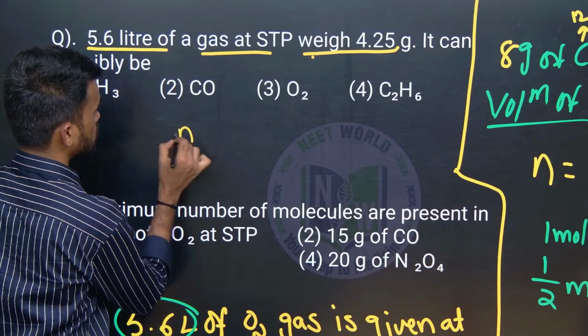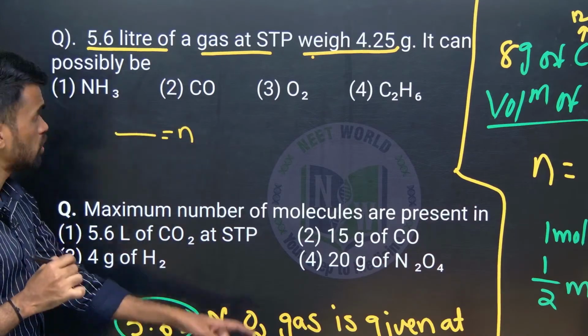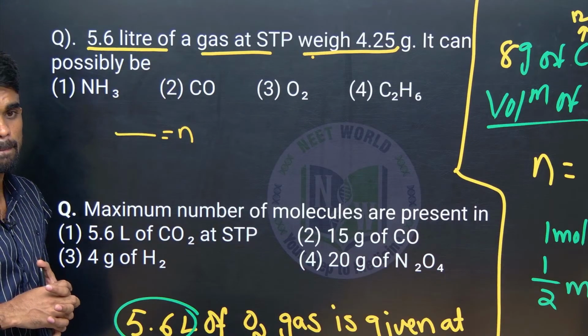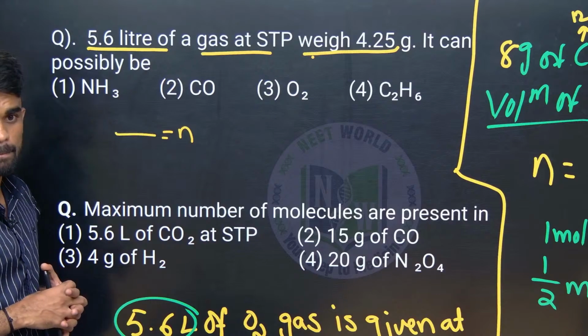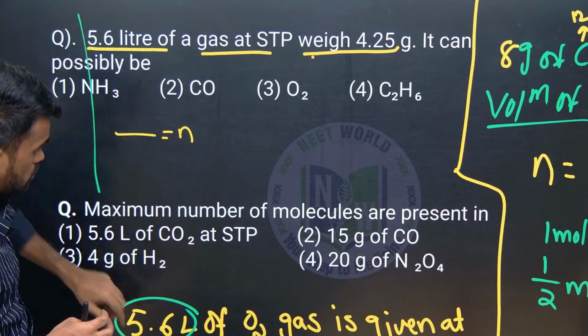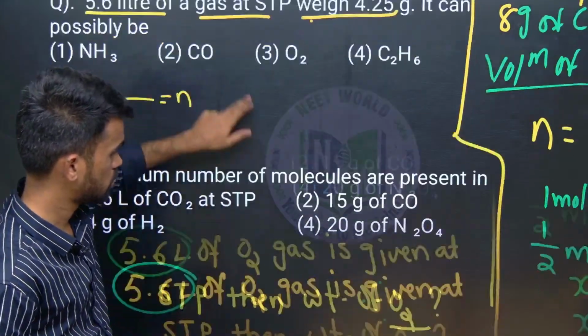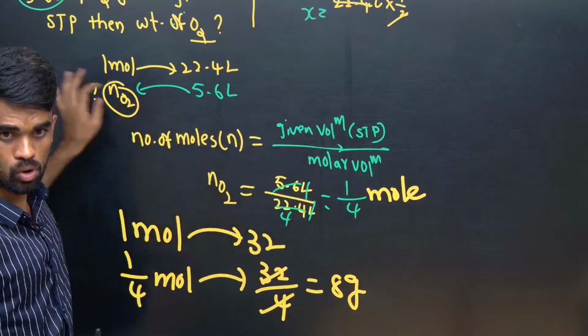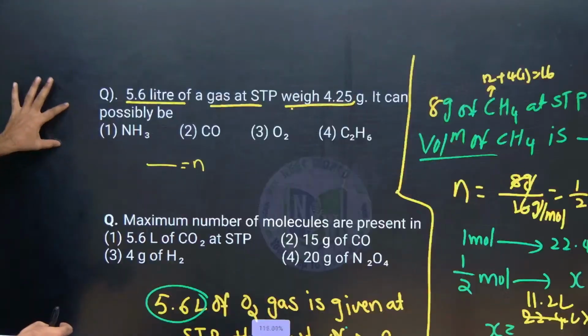What is the formula I told you? When volume is given, how can we find number of moles? Number of moles equals given volume by molar volume.